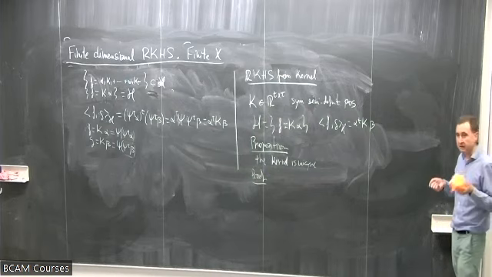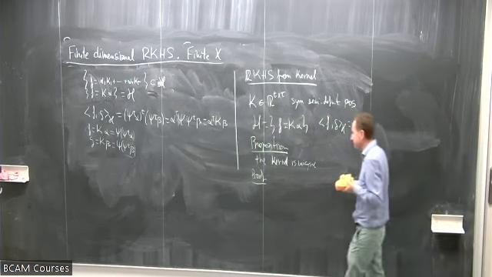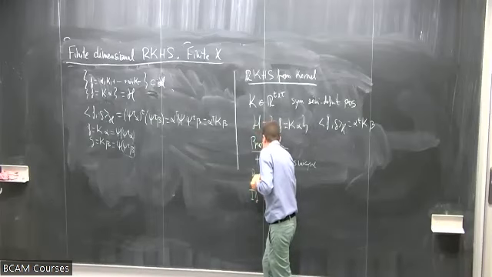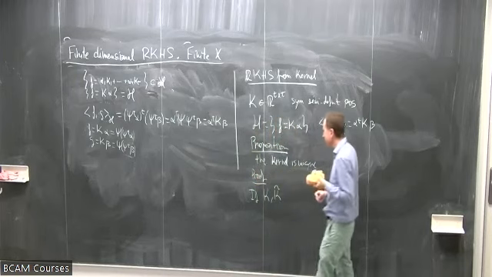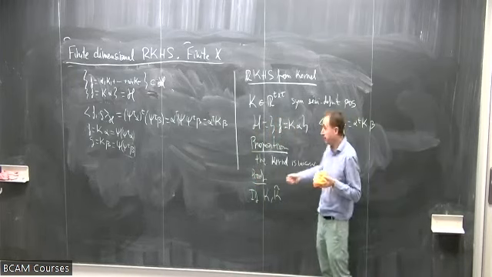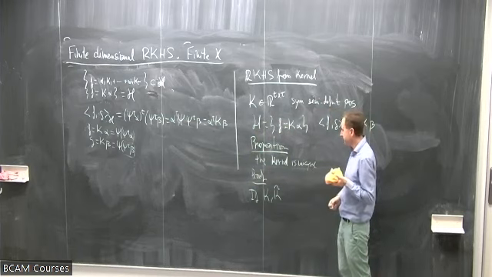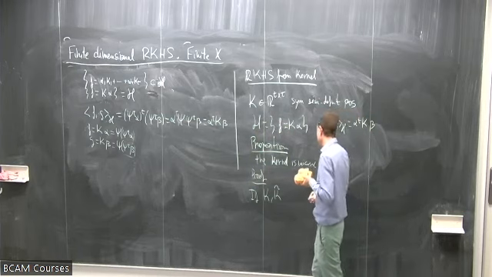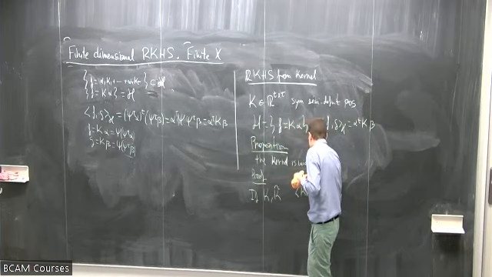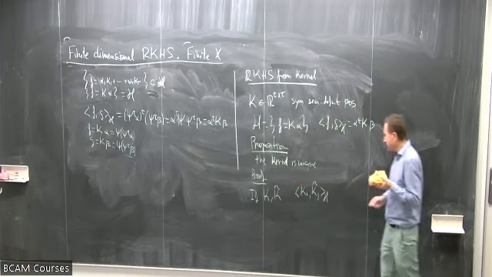So let's imagine that there are two kernels, say K and K tilde, for the same reproducing kernel Hilbert space. If we take the inner product of the sections of the first kernel with the sections of the second kernel, what would happen?